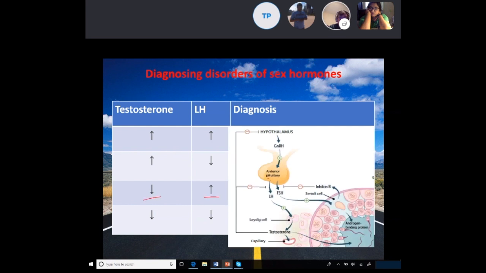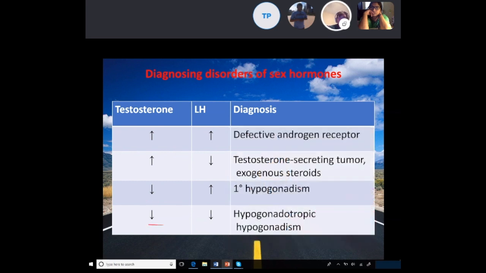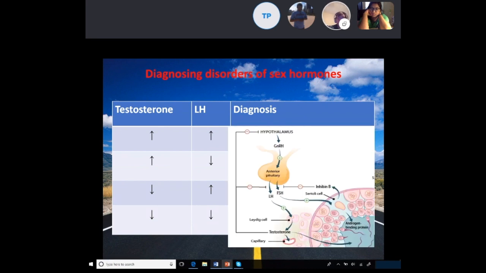So it could be hypergonadotropic hypogonads. The gonads aren't working, but the gonadotropes, the ones that stimulate the gonads, those are still working. So that's why with hypogonadotropic hypogonadism, you've got an issue that is higher up. Do all of these make sense when you look at this graph or this chart, this image, whatever?